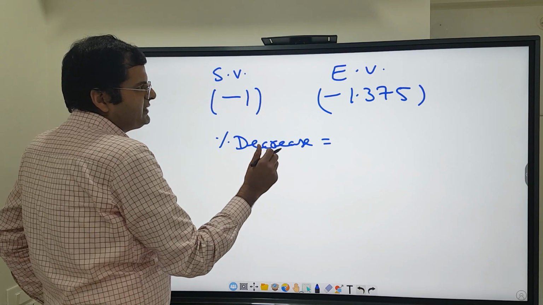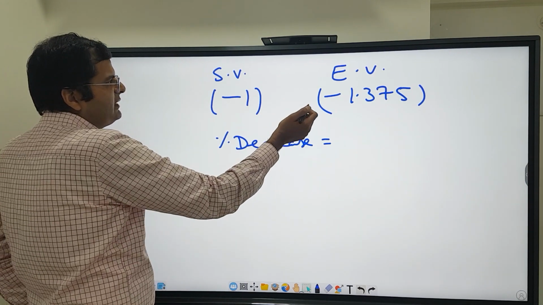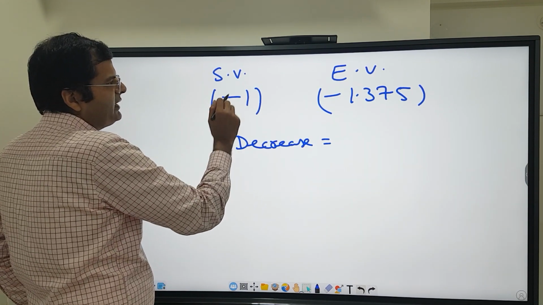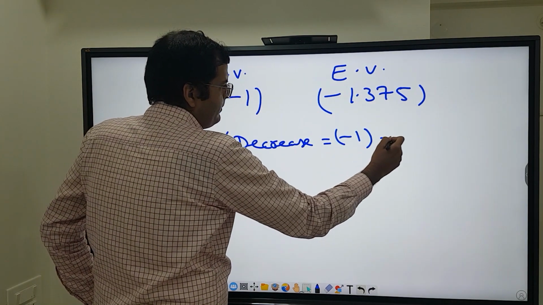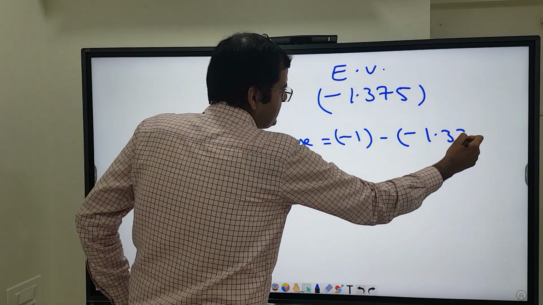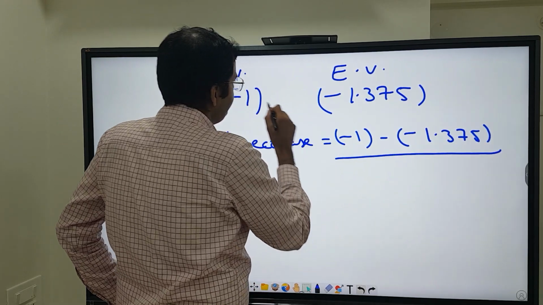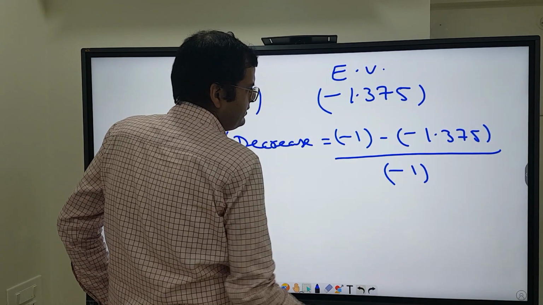So for the percentage decrease, the change will be the starting value minus the ending value, which is minus 1 minus minus 1.375, divided by my starting value, minus 1.